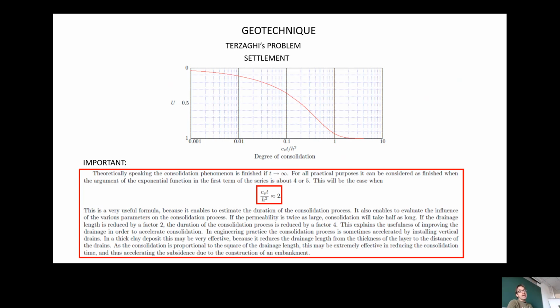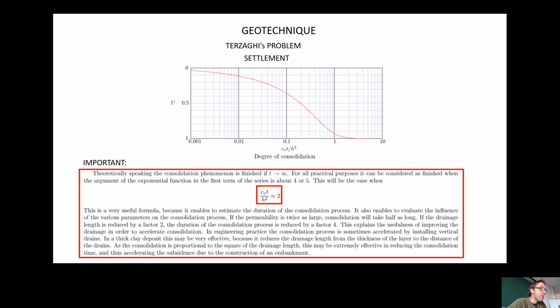Somebody asked, after I gave an example of a road, what happens in the case I need to build a road and I have water. We have to use drainage, but how?